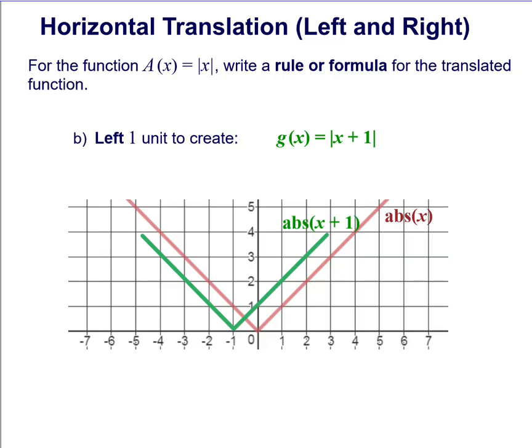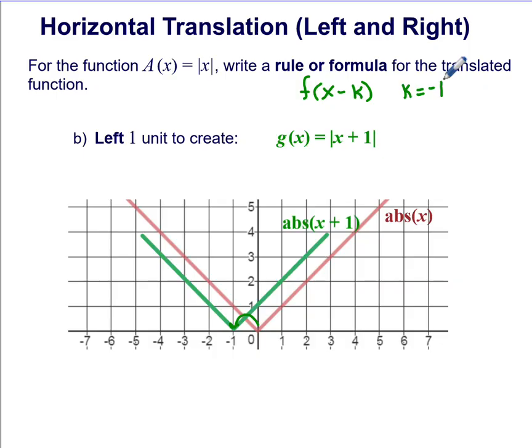In the second case, we're now going to move the original graph 1 unit to the left. This is the original graph. We're going to move it 1 unit to the left, which means that in our general formula, f of x minus k, k is equal to negative 1. Negative indicates we're moving it to the left, and the number 1 indicates how many places.